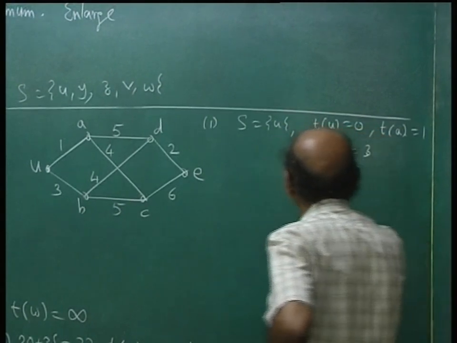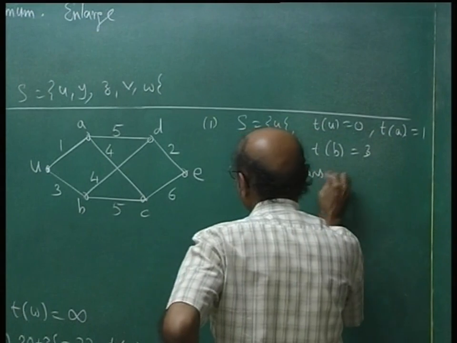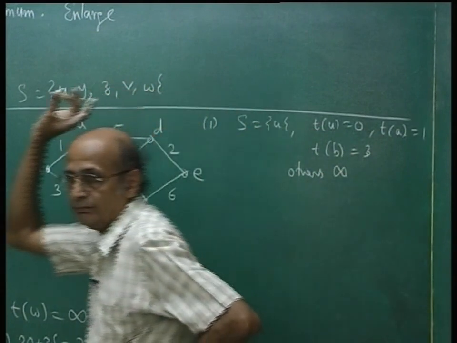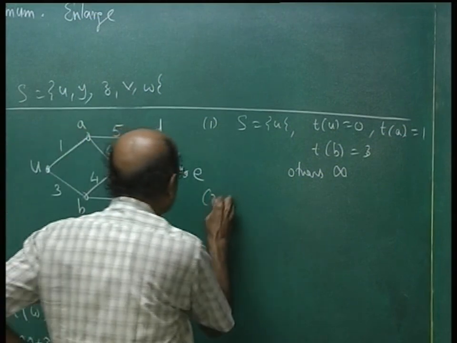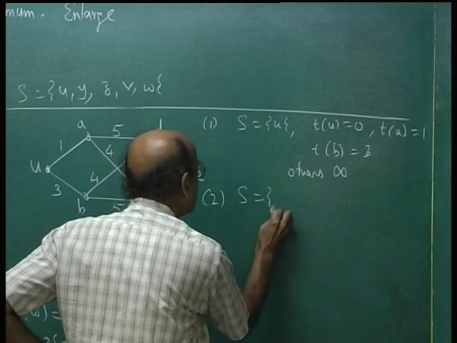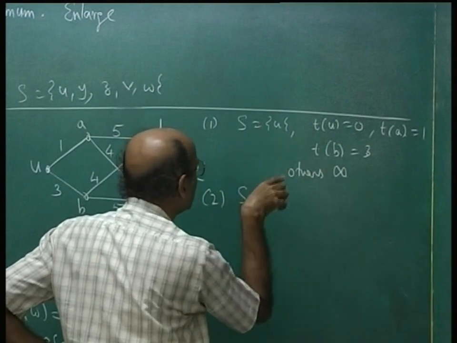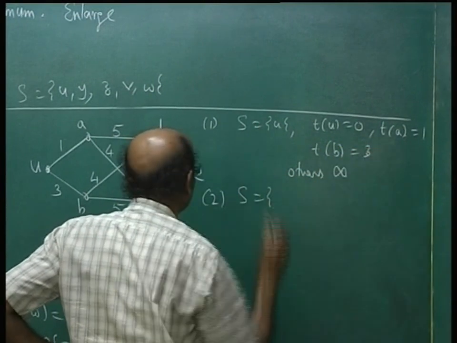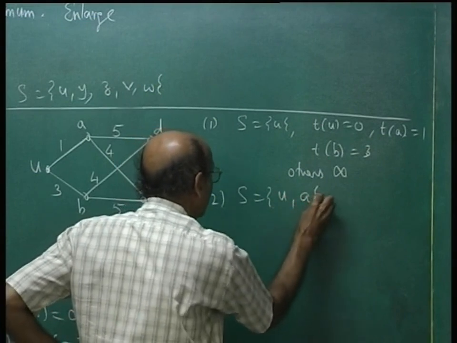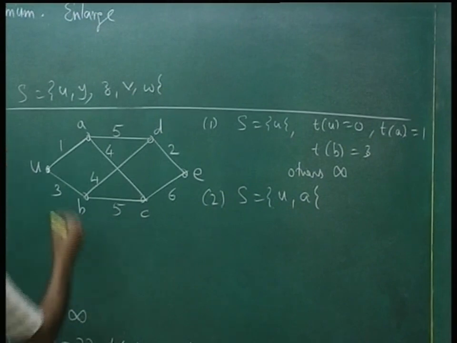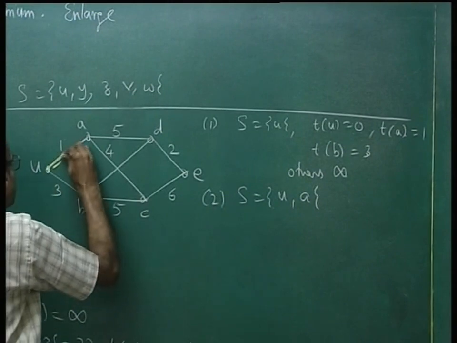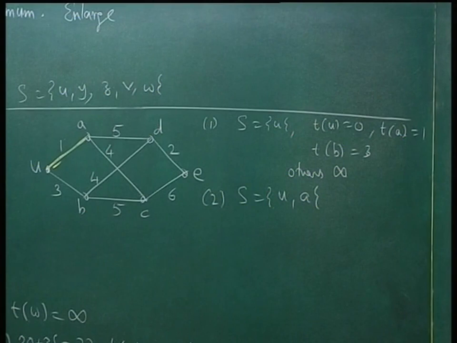Anything else? Because from U you cannot get to those vertices at all. Among these tentative distances, A has a smaller tentative distance, therefore you add A to the bag.